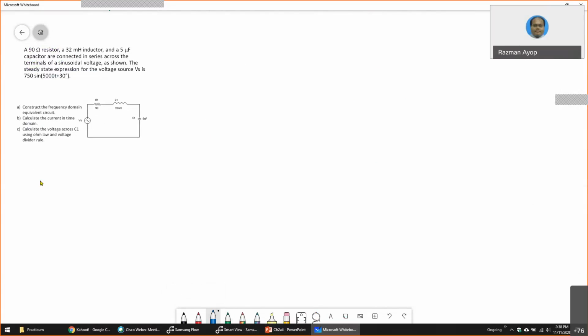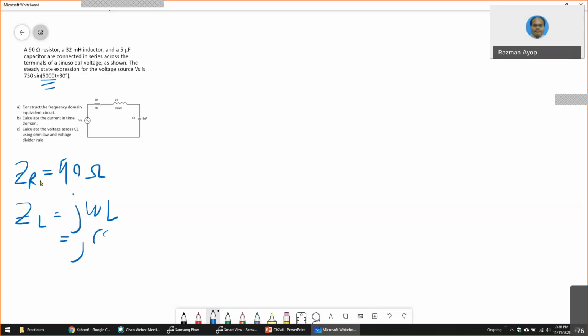For the resistor, ZR is just equal to 90. Just copy it back. R in the time domain and phasor domain is the same. For the inductor, ZL is J WL. Where do you get this? W is here, you get it from the voltage equation.